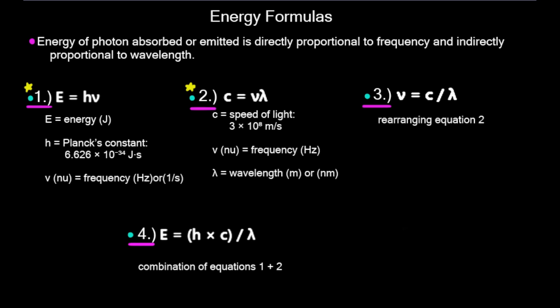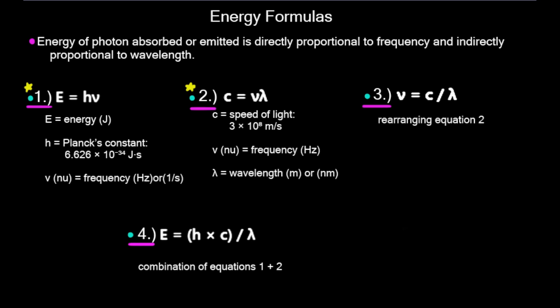We can also relate this to the wavelength of the photon using another key equation, the equation listed for number 2, which is c equals nu times lambda. c is the speed of light, which equals 3 times 10 to the 8 meters per second. Nu is frequency measured in hertz or 1 over second.